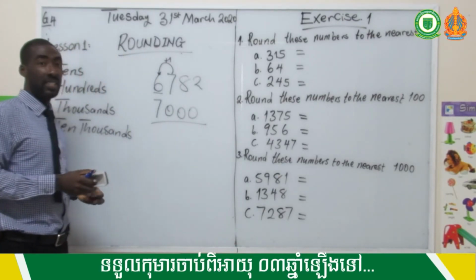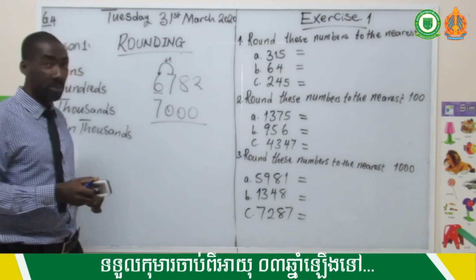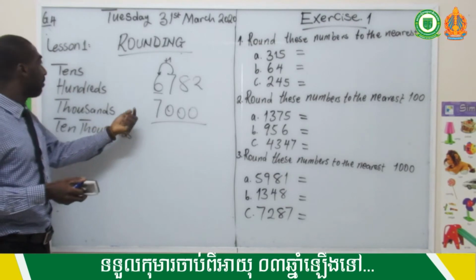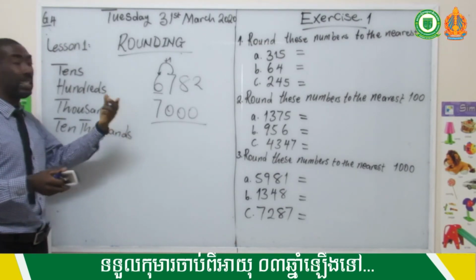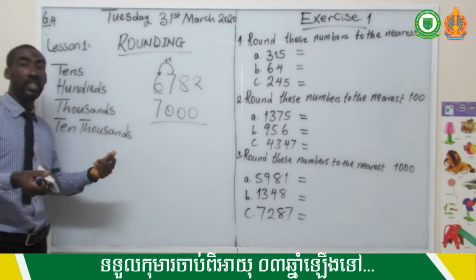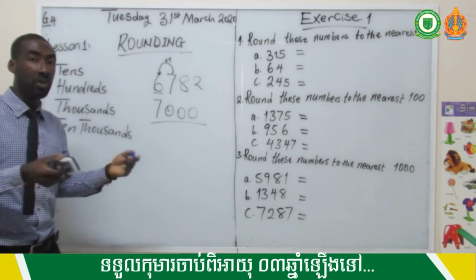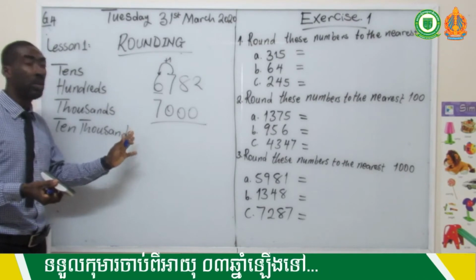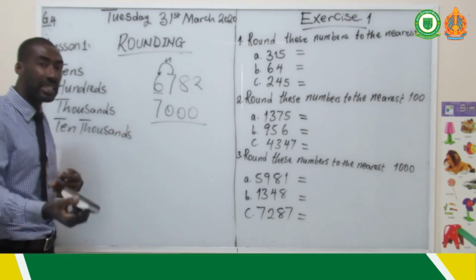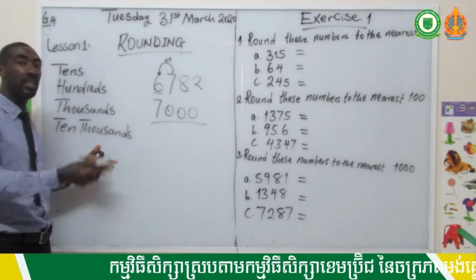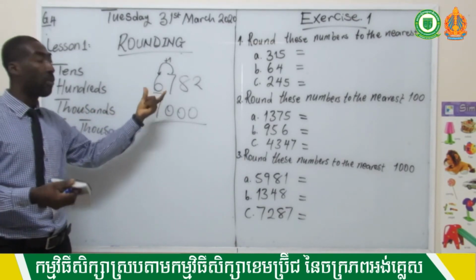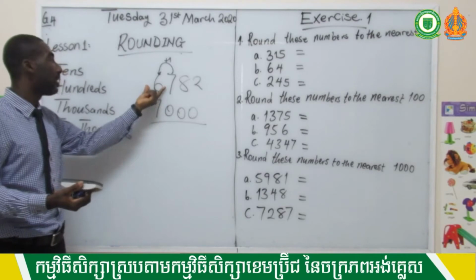I believe this is very easy and straightforward for all of you. So anytime you are doing round off, the first thing that you have to do is to identify the location of the number that you want to round off. The next thing is to look at the number that comes next to the actual number that you are rounding. If we are doing 1,000, first we identify which number is in the thousands, 6.